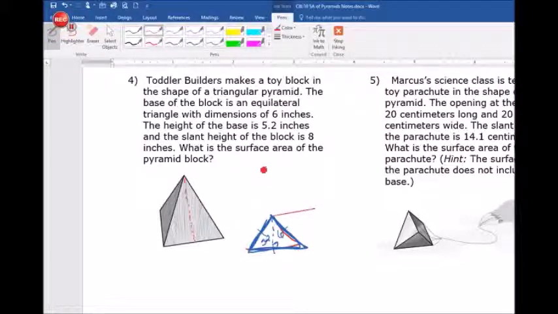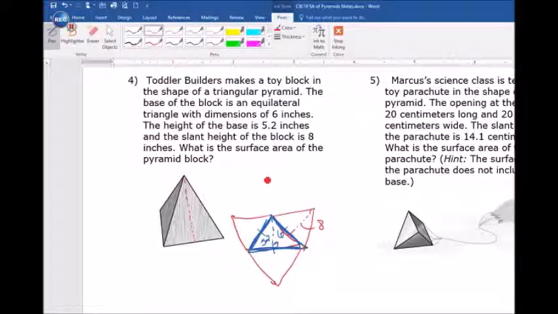And then the slant height, which is always on the faces, that's this height right here, the slant height is 8. And it wants to know the surface area of the pyramid block.